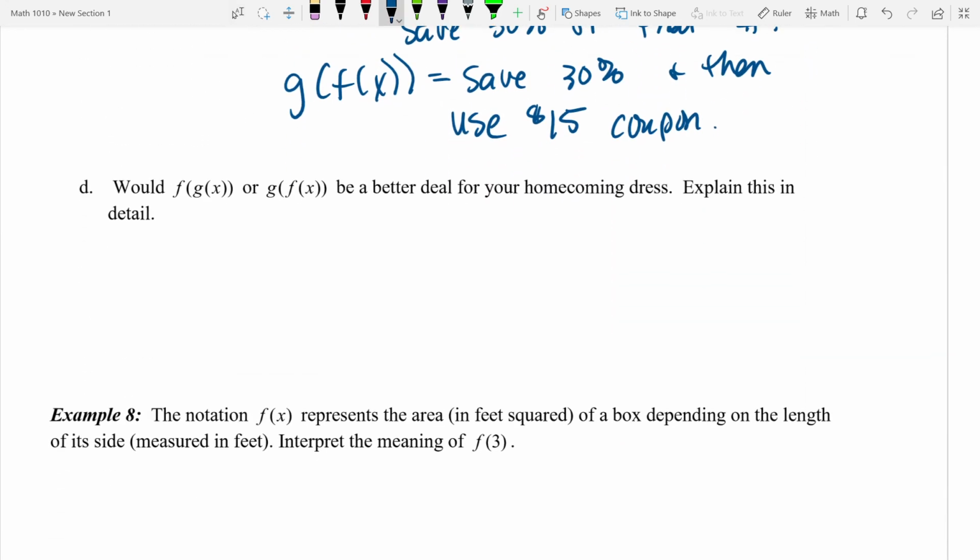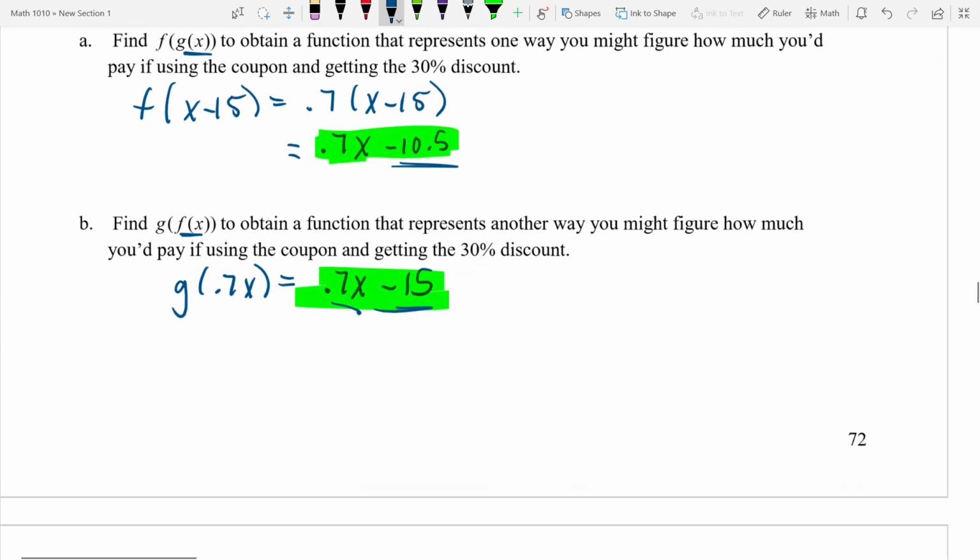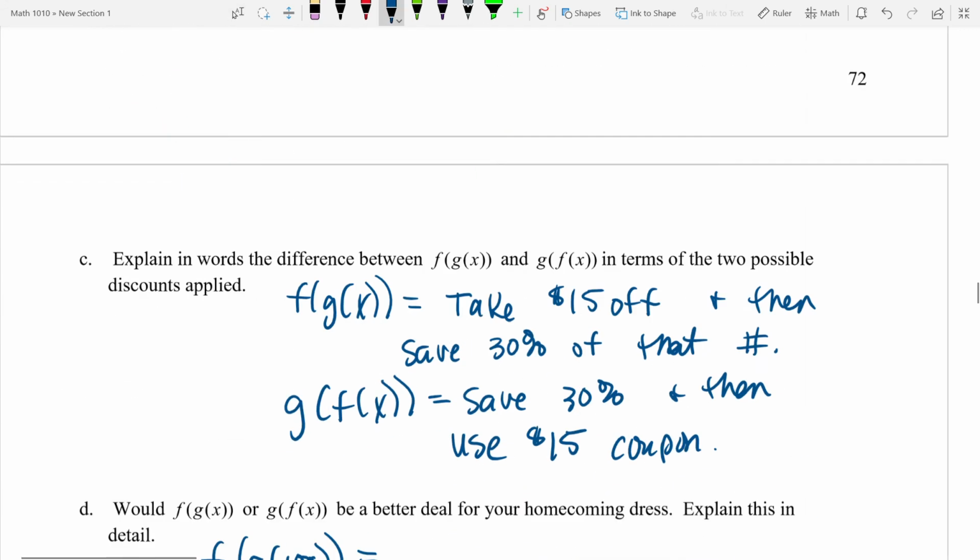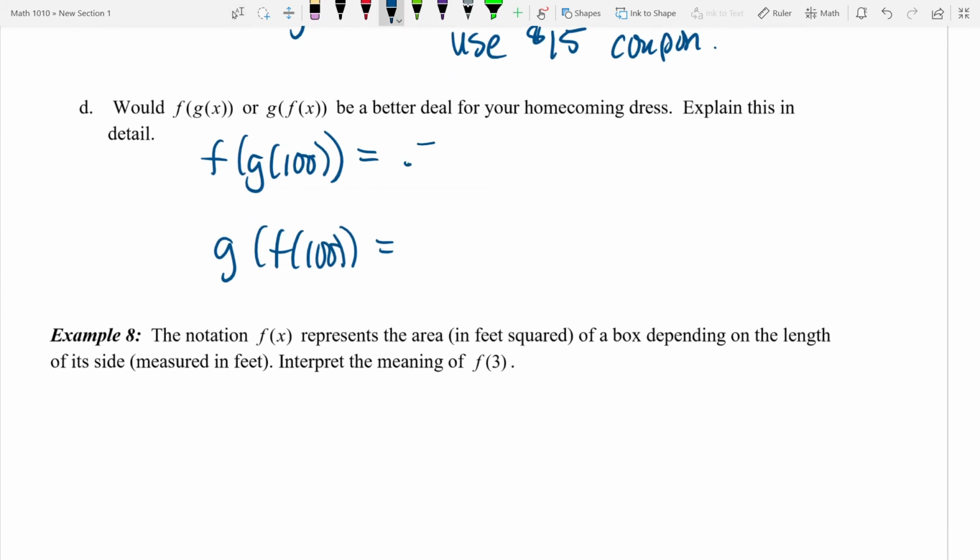Everybody go f of g of 100. And then go g of f of 100. That's what I was saying. Stick a number in. So f of g of x, guys, is right here. Put in a 100. So that would be 0.7 times 100 minus 10.5. Let's see what that is.